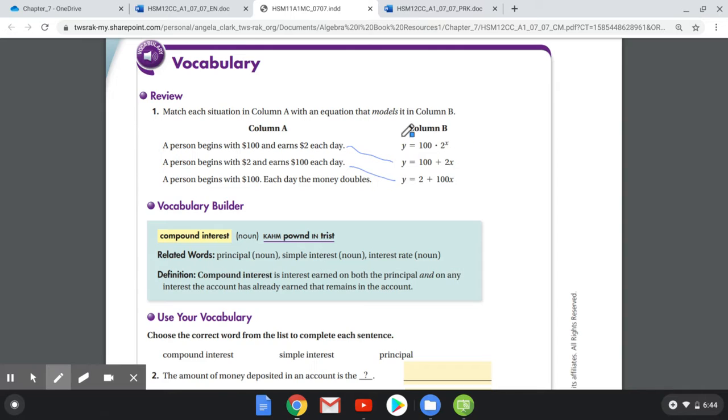So that's going to be this one. The initial amount goes here. The amount you multiply by goes here. Okay, so this one goes with that one. So hopefully that's all very familiar. All right, so I'm going to erase this so we can move on.